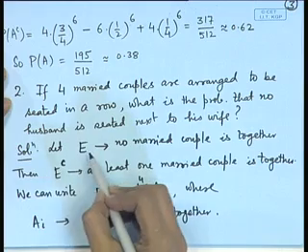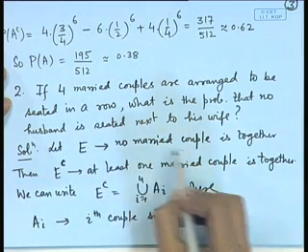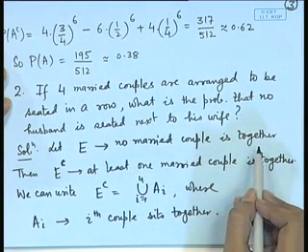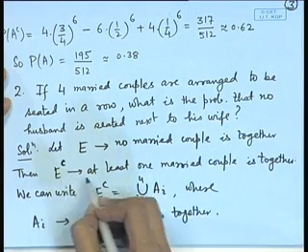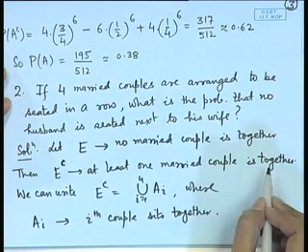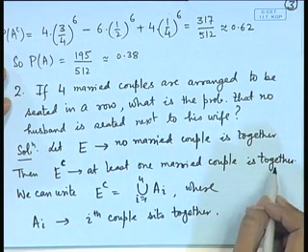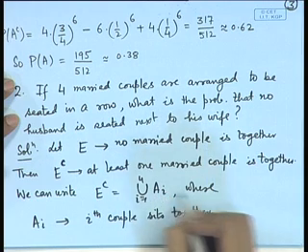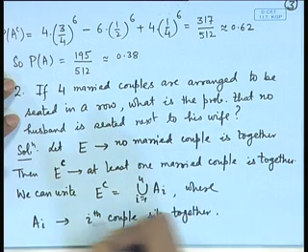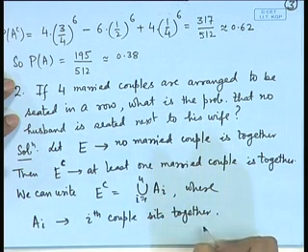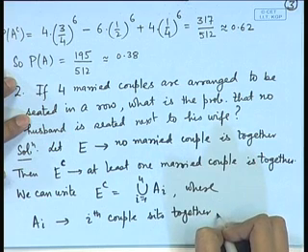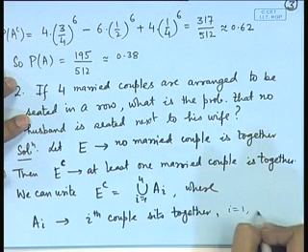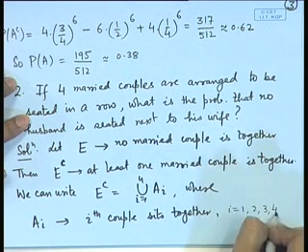So, let us define the event E to be that no married couple is together. Then E complement denotes the event that at least one married couple is together. Therefore, E complement can be written as the union of Ai for i equal to 1 to 4, where Ai denotes the event that the ith couple sits together for i equal to 1, 2, 3, 4.